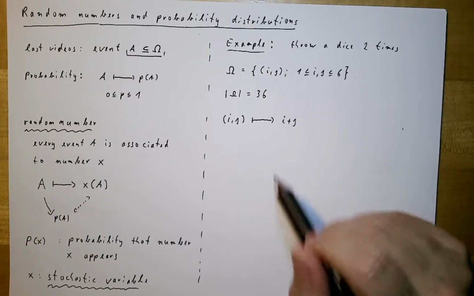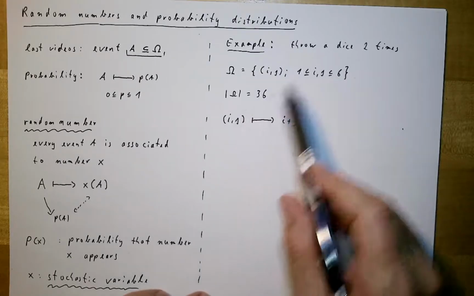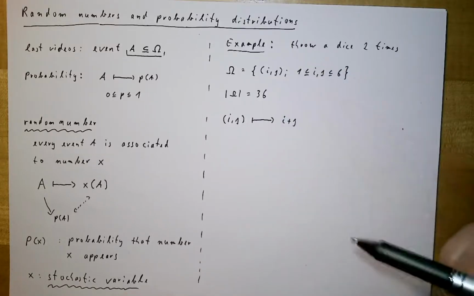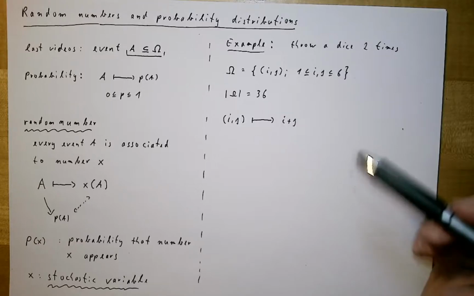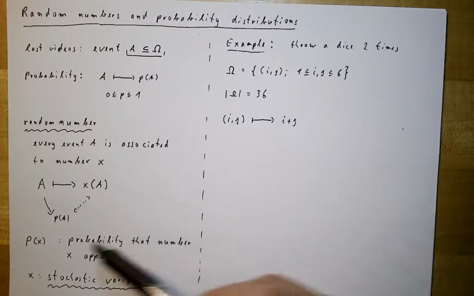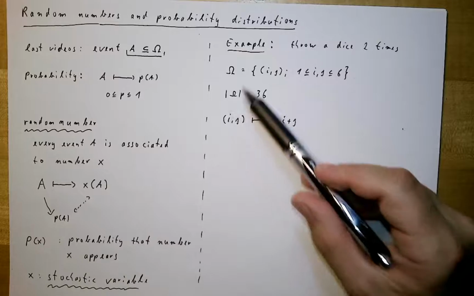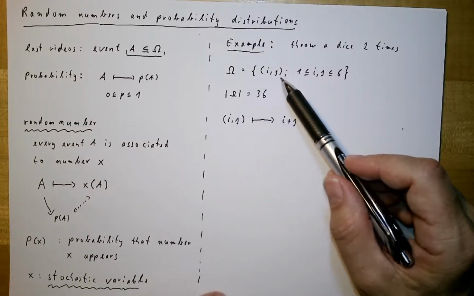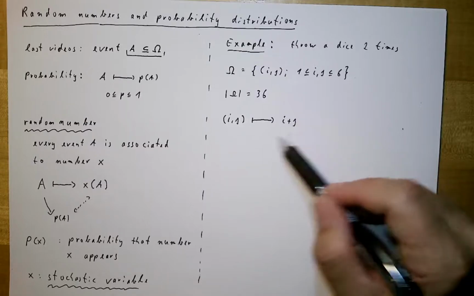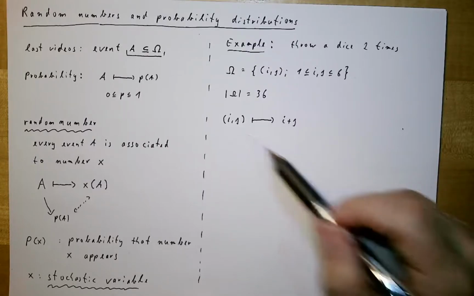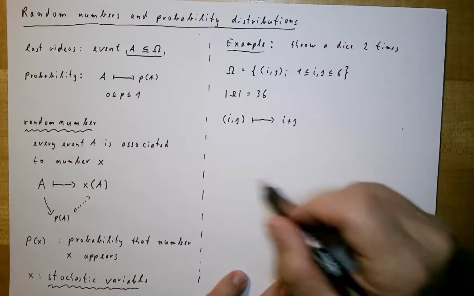So in this way we can construct, for example, random numbers. One advantage of having random numbers instead of subsets of omega is that we have a nice way to visualize all the possible probabilities in a simple function.